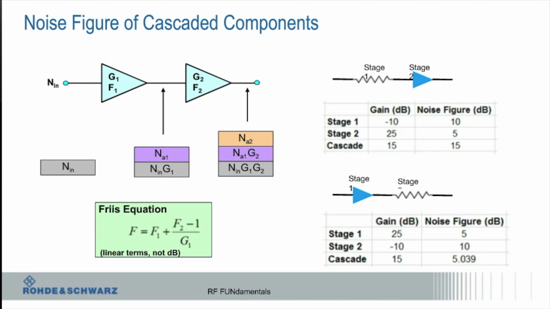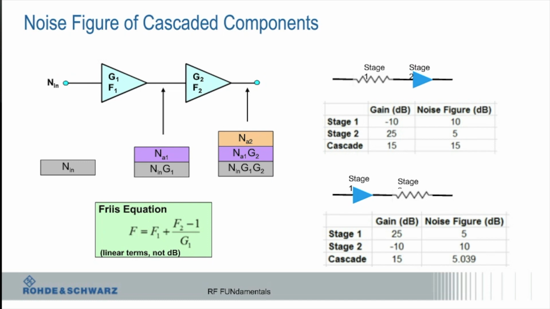So for those of you down there, it still works, 15 and 15, right? Then the second one, when I just rearrange the order and put the amplifier first and then the pad, you can see here the gain is 5 instead of 15. The same overall gain, right? But the cascaded noise figure is dramatically better.